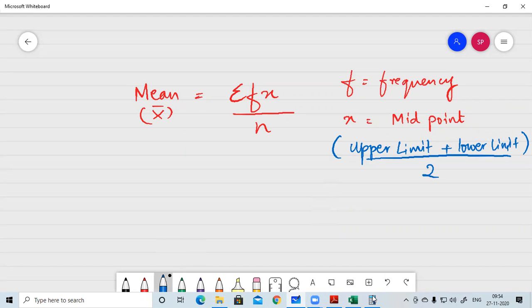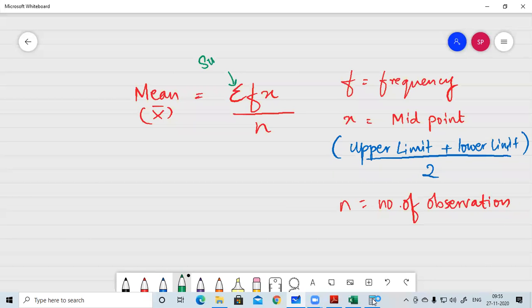What does N stand for? Number of observations. And what does the sigma sign stand for? As we discussed earlier, summation is sum of. In simple words, total of frequency times midpoint upon number of observations.